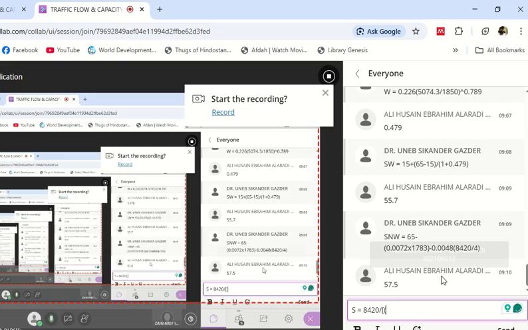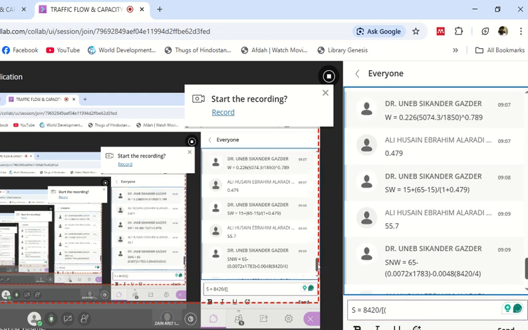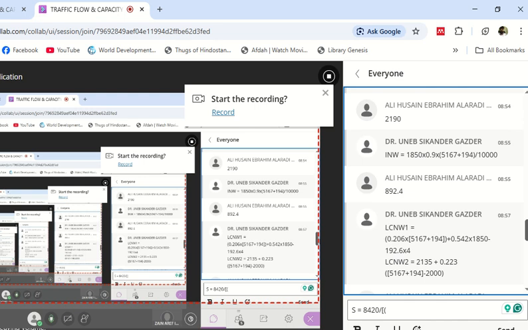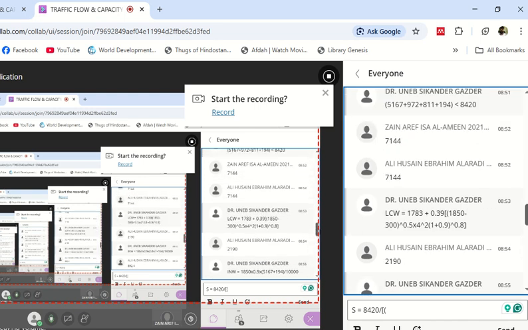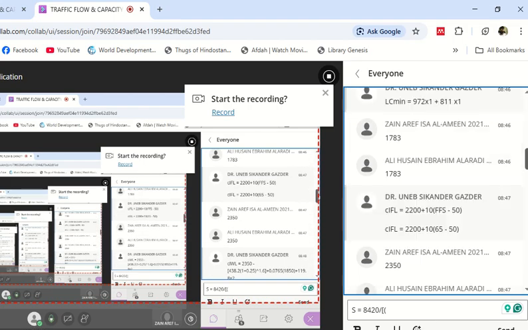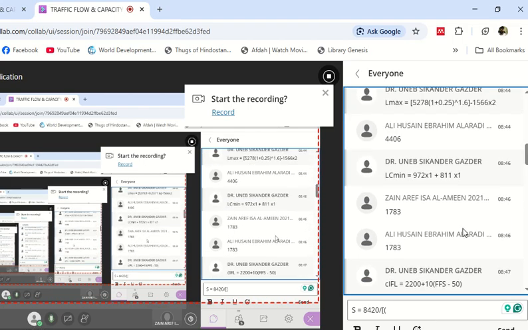Okay, weaving volume. I believe I have it here somewhere. Yeah, 1783.